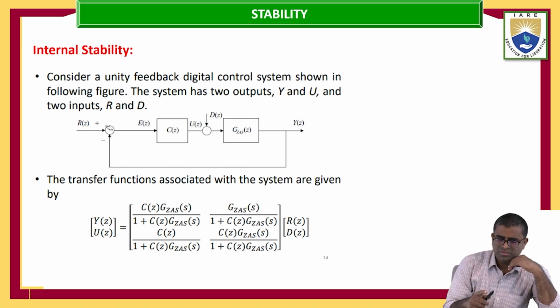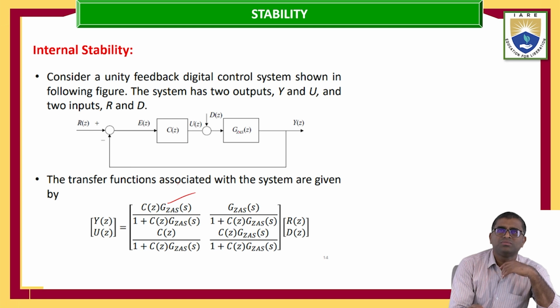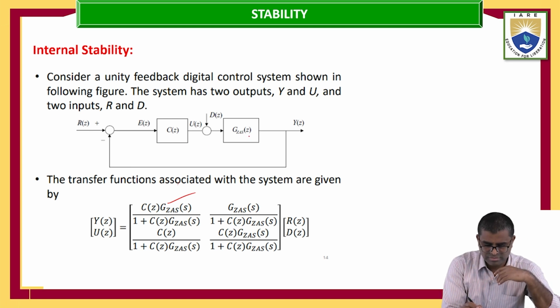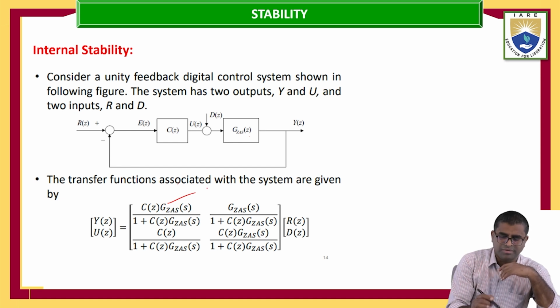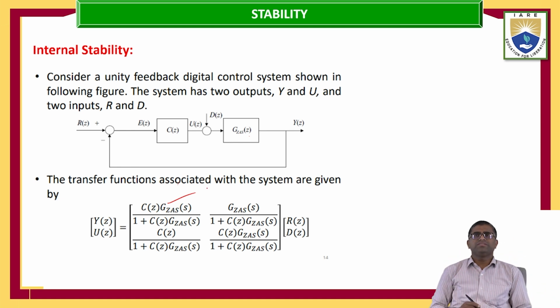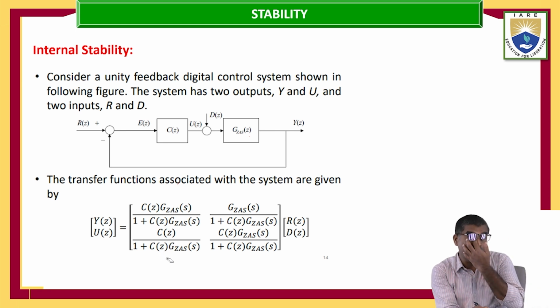From here to here the loop is completed. Next, from here to here, by 1 plus KG of s. So this is for 1 and 2, between 1 and 2 for this system. And the third one, the middle one, is for 2 to 1.